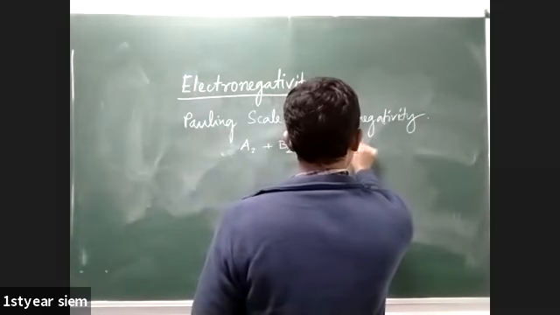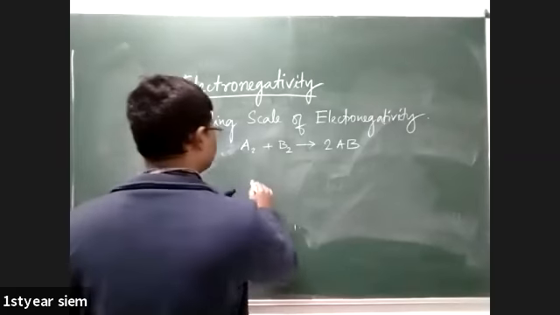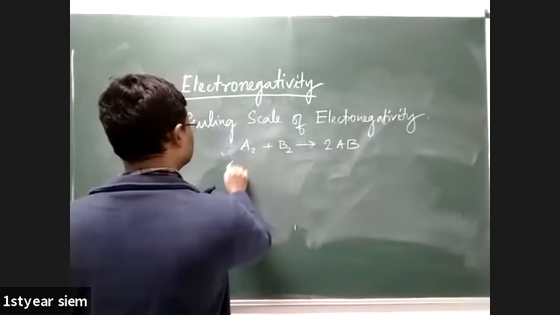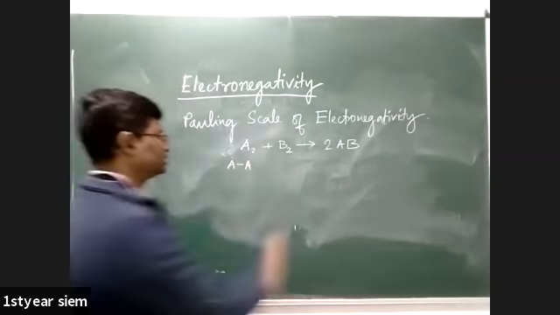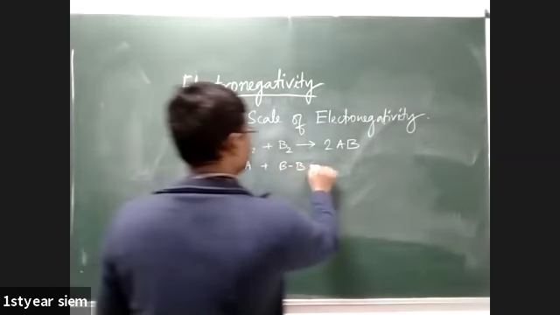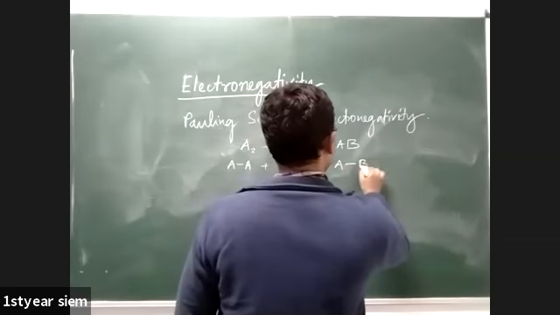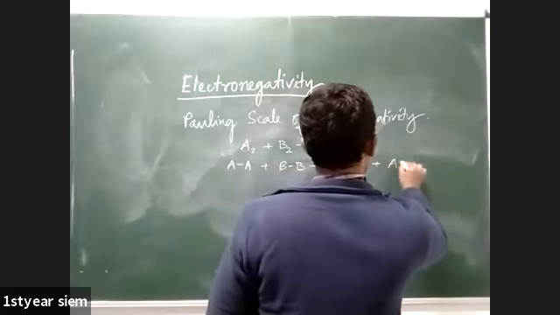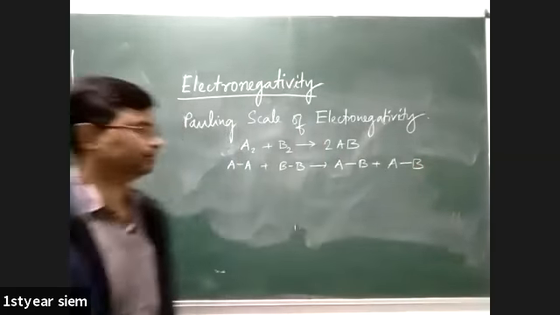Or we can write it like this: AA plus BB gives AB plus AB.